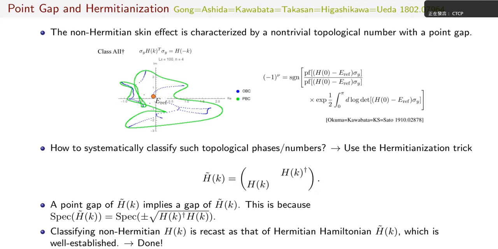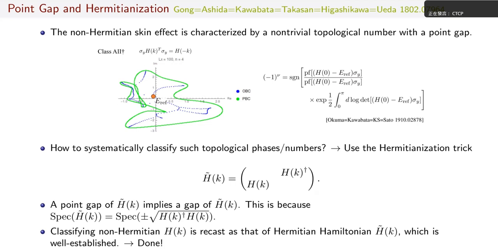But in this problem, the classification of point gap topological phases is easily solved by mapping to Hermitian cases by using this Hamiltonian. So let's say H of k is a non-Hermitian Hamiltonian, and we consider this extended Hamiltonian H tilde defined by this H and H dagger.